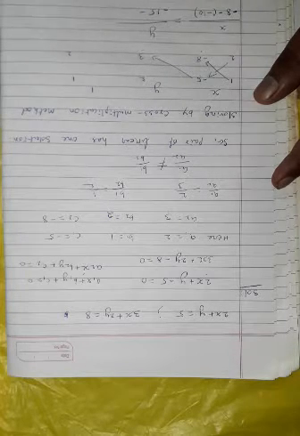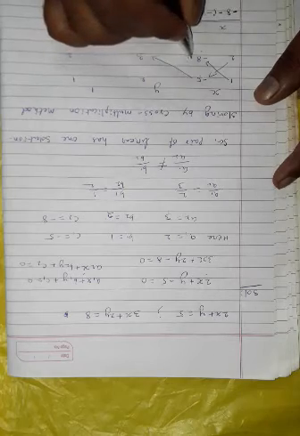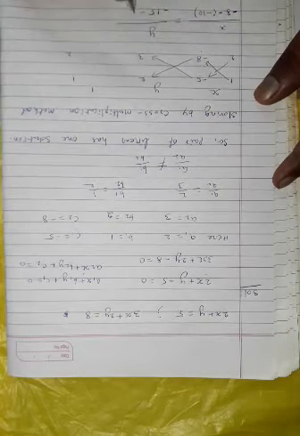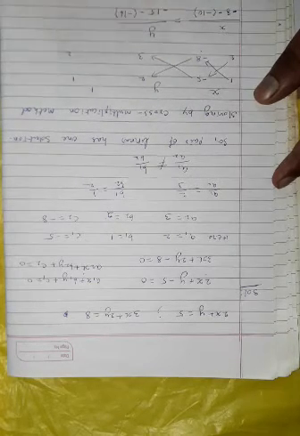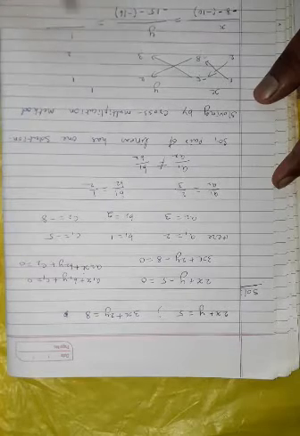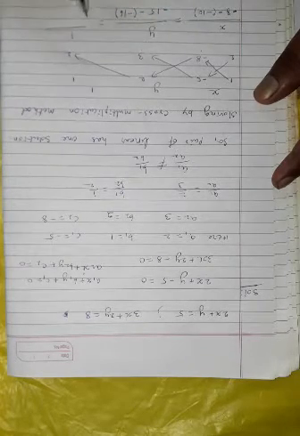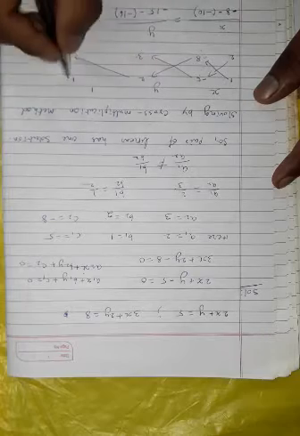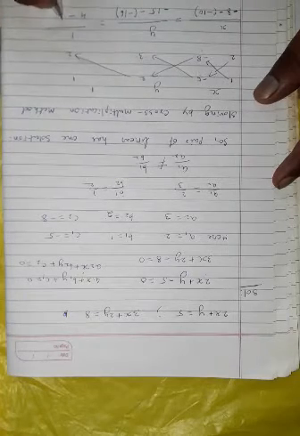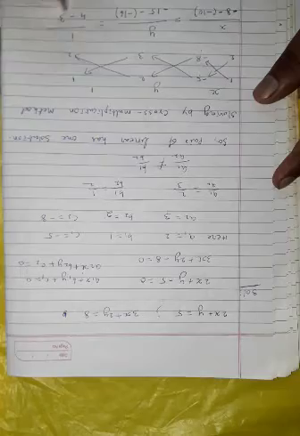Then minus, as in the formula, minus 8 into 2, that is minus 16. Then 2 into 2, that is 4, minus 3 into 1, that is 3.